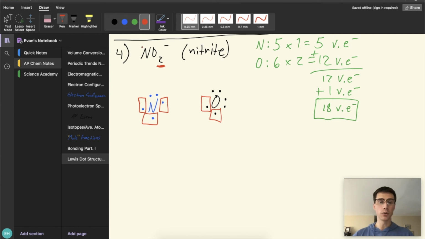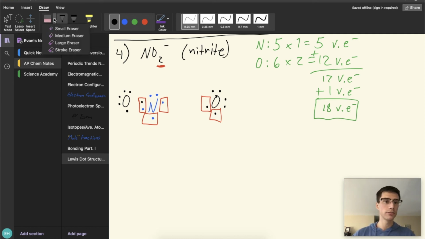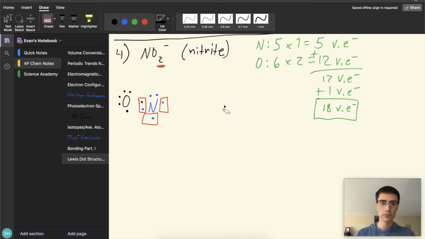So what I'm going to do is put an oxygen on both sides of this nitrogen, and then we'll go from there. So here's an oxygen, and we're still going to have 1 electron that has yet to be filled with anything. So I took 1 of these electrons and put it in this box, and 1 is still by itself. Here's our other oxygen.